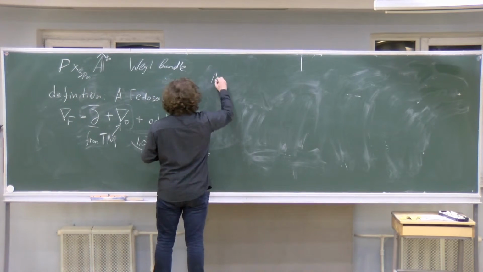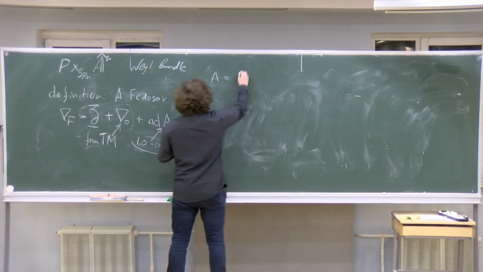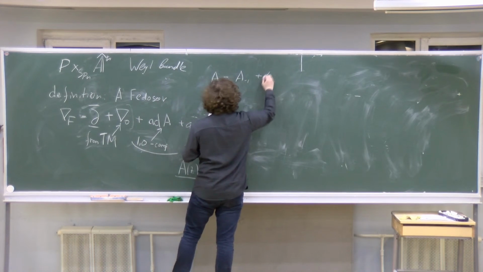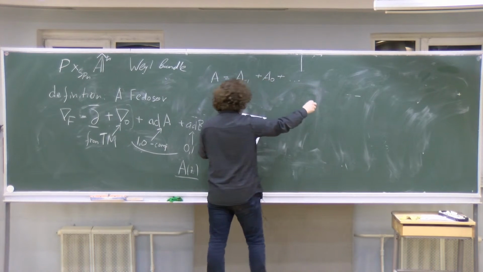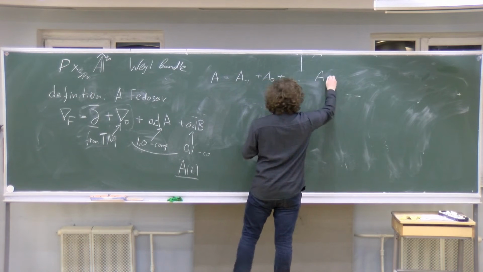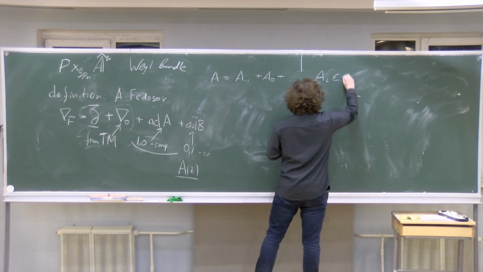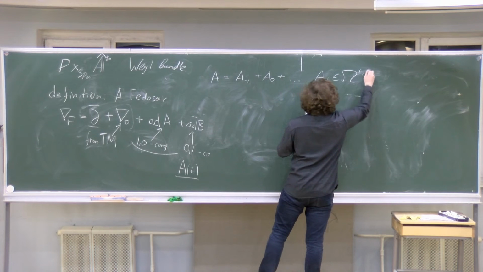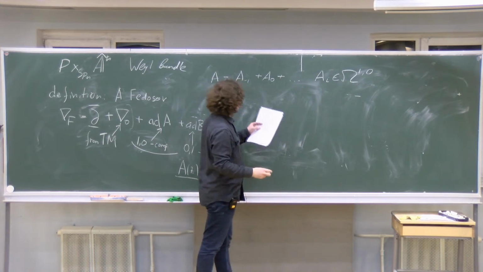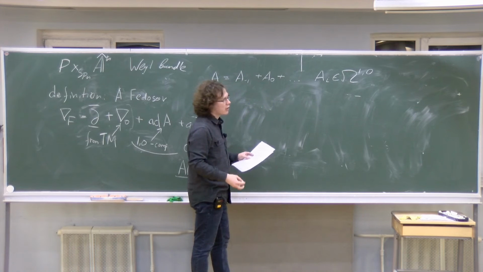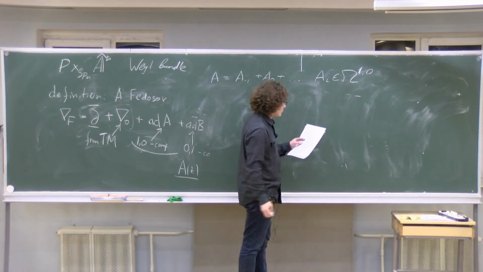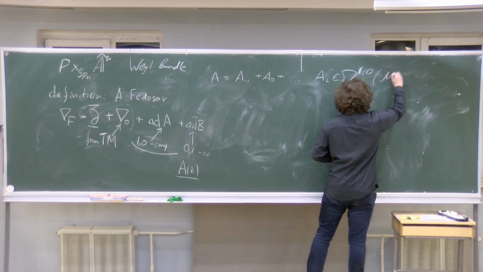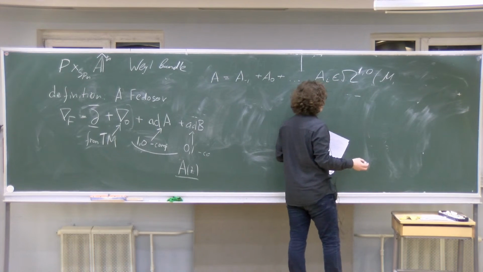So A is equal to A minus 1 plus A 0 plus and so on, where these terms are one-forms, more concretely 1-0 forms.